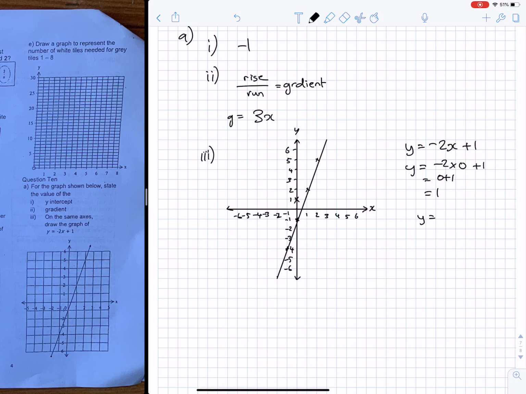So 0 equals -2x plus 1, -2x equals -1, x equals -1 divided by -2, x equals a half.